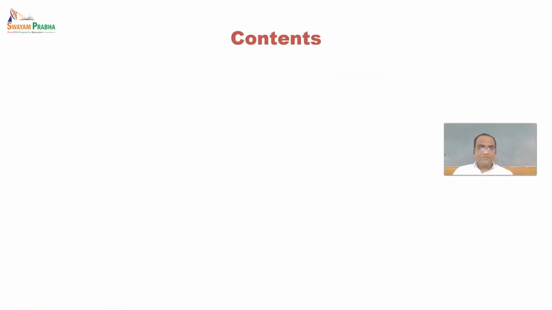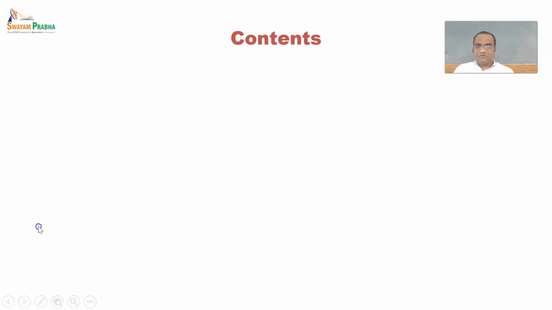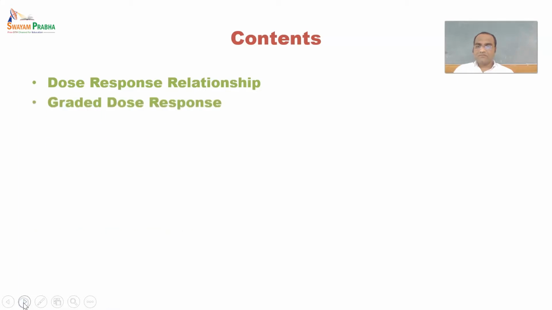So let's see the contents of this lecture, measurement of drug effects. Drug effects are basically measured by the dose response relationship, so that will be the first content of this lecture. There are two types of dose response relationship: one is graded dose response and the second is quantal dose response.